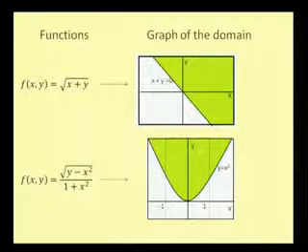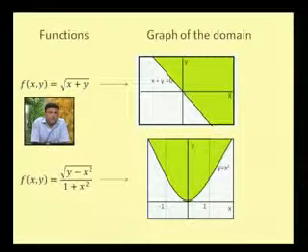So we have to trace the parabola, and in the denominator 1 plus x square is there. In this case the denominator will never be 0, because if x square is equal to minus 1, then x is a complex number.